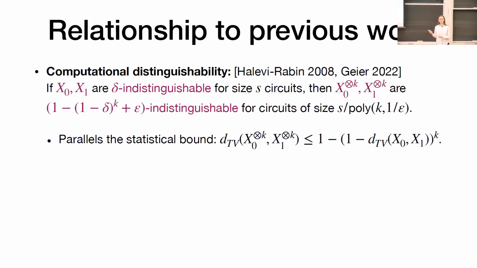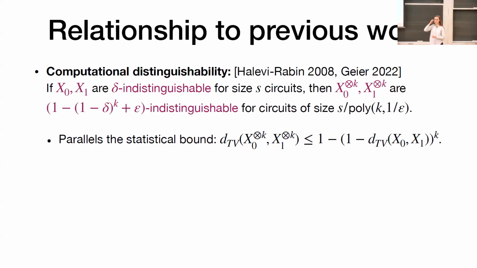So now we'll be describing the relationship to previous work. Previous work on computational distinguishability by Halevi-Rabin, whose parameters were improved by Geyer in 2022, proved that if x0 and x1 are delta indistinguishable for size S circuits, then x0 to the k and x1 to the k are 1 minus delta to the k plus epsilon indistinguishable for circuits of size S divided by poly k 1 over epsilon.